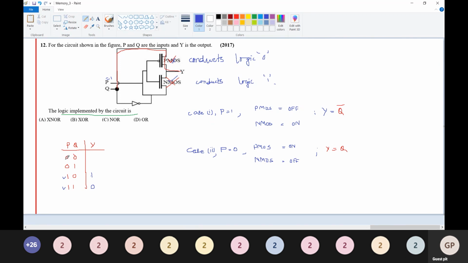And when P is equal to 0, Y is equal to Q. So this resembles an XOR. Therefore, the function Y is equal to P XOR Q. Nothing but an XOR operation. Okay, understood?